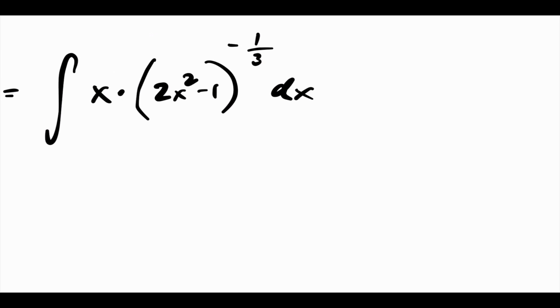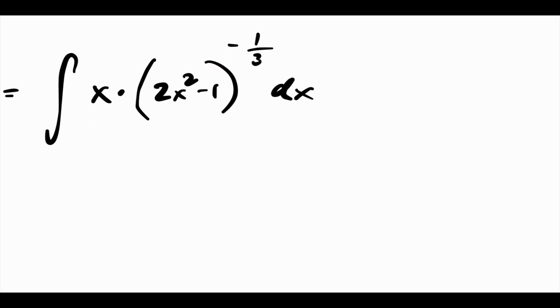So we have two options for U-substitution. We can make x u, or I can make 2x squared minus 1 u. Here's the easiest way to tell which one's u and which one's not. If I pick something for u, we want the derivative to also be in there.